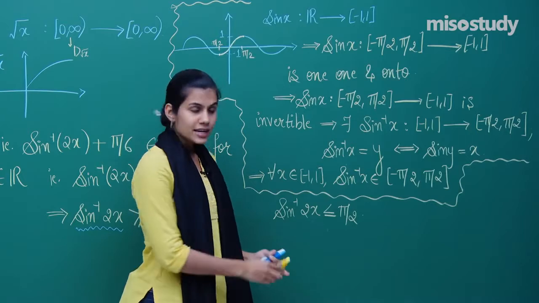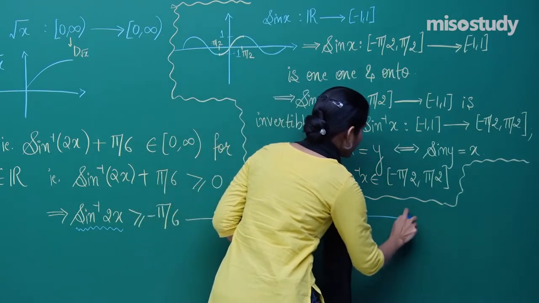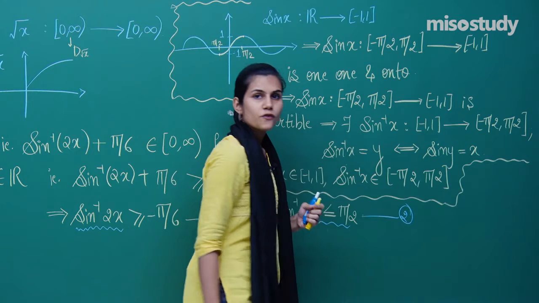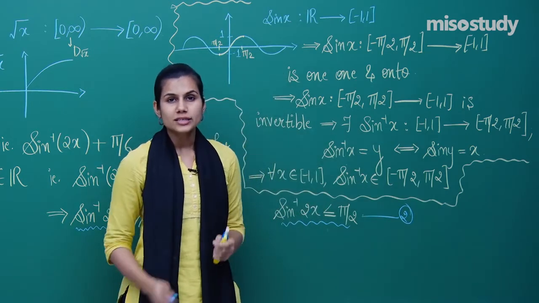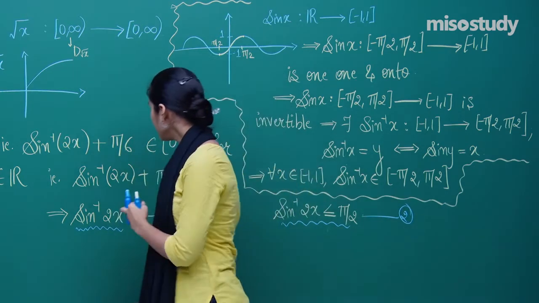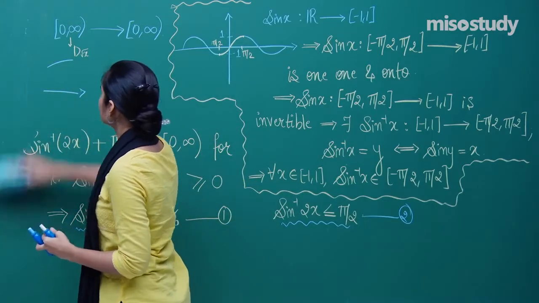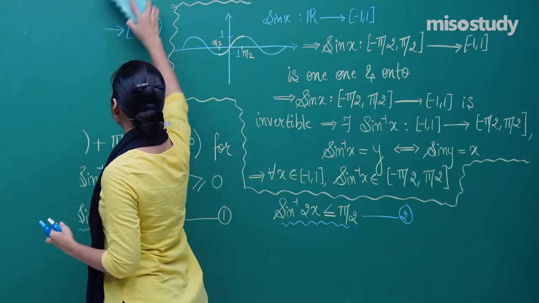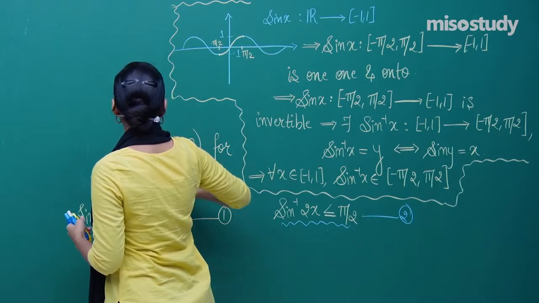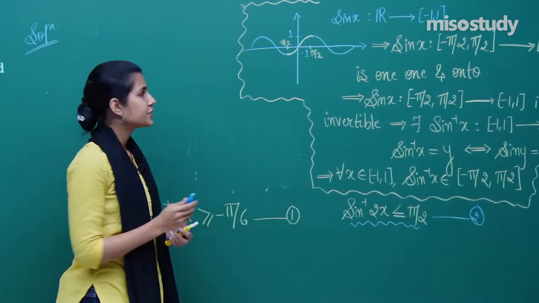Right? And that means if I mark this as equation number 2, from 1 and 2, what is it that we have obtained? 1 says sine inverse 2x is greater than or equal to minus pi by 6, and 2 says something about it being less than or equal to pi by 2. Let's write that down once again and then begin solving it.